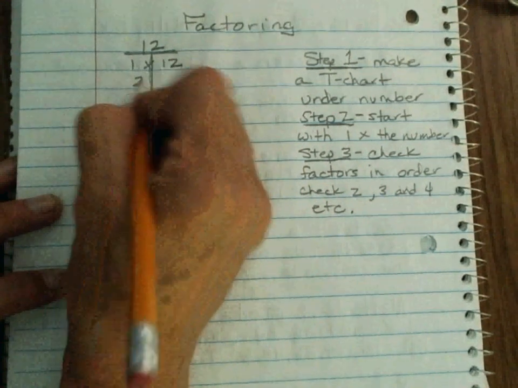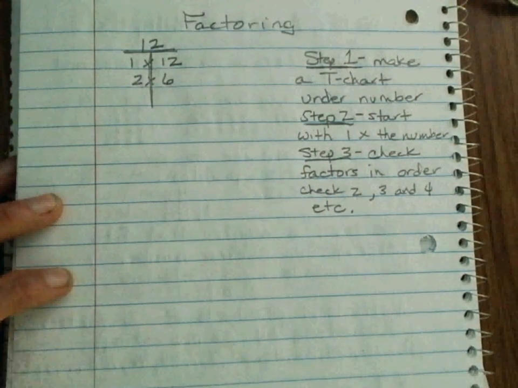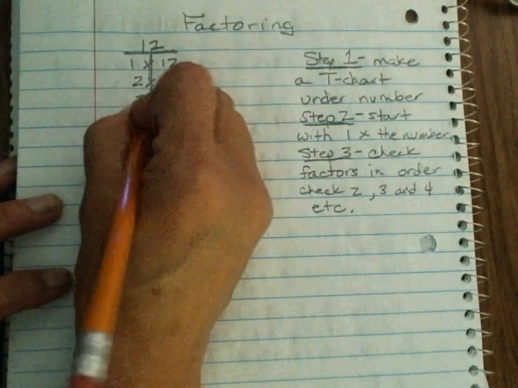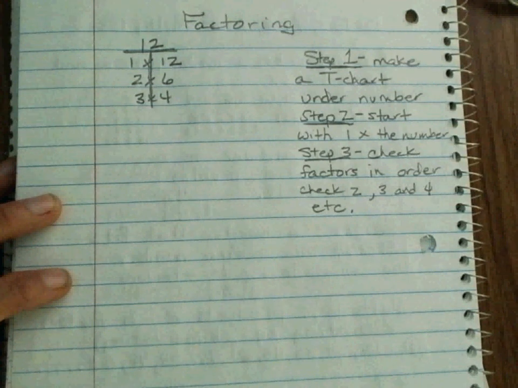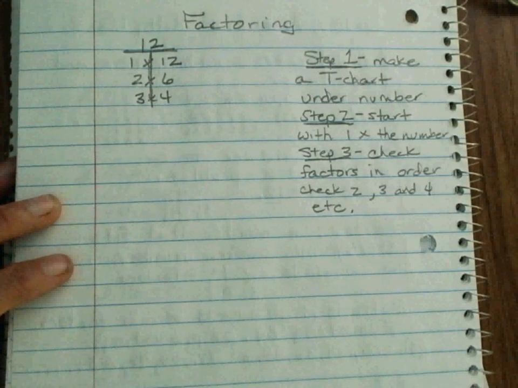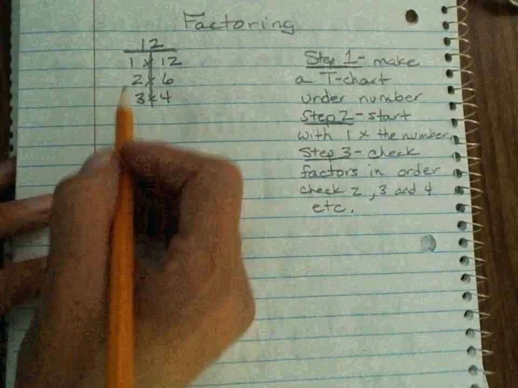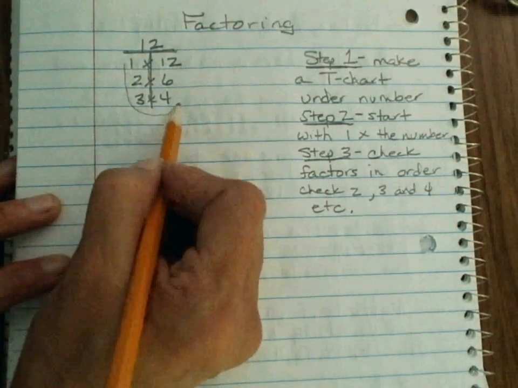So I'm going to do 2, and I know that 2 times 6 is 12 because I know my math facts. And I know that 3 times 4 is 12. Okay, and you notice that when I go like this, they go in order. Watch this.